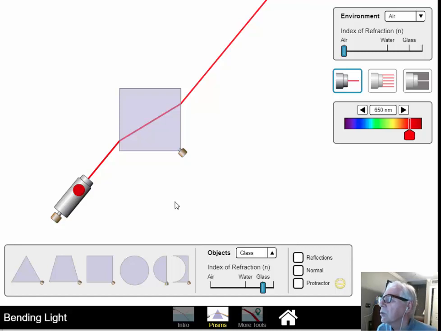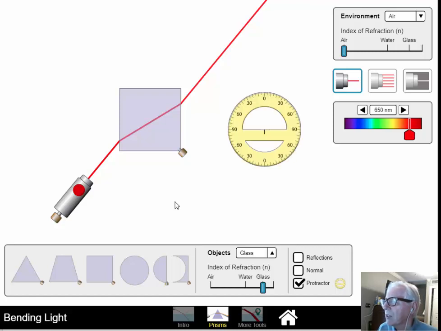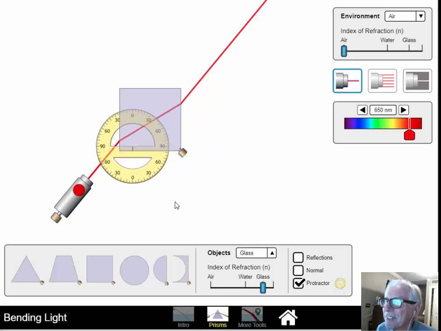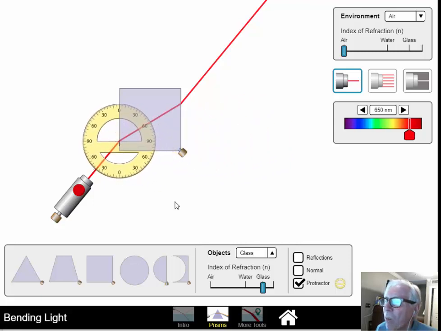Surely we have a protractor somewhere. Please give me a protractor. Protractor, and hidden away. So now, a bit of an issue here. It's what happens with protractors. Oh well, we can do it.